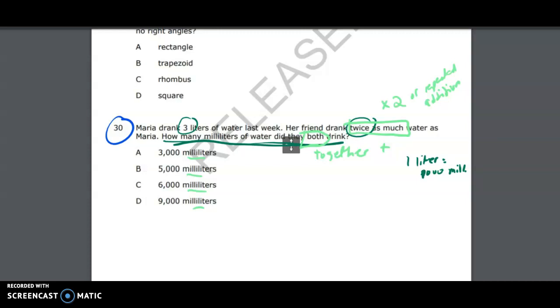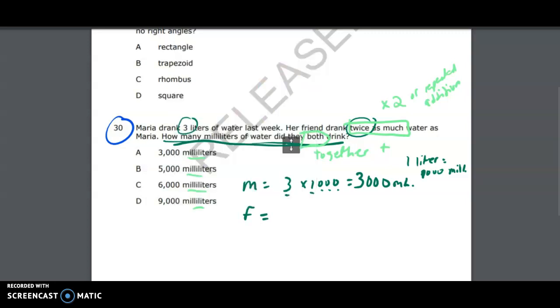So Maria drank 3 liters. And remember, we're getting our answers in milliliters, so you really have to multiply it times 1,000. You only need to multiply the 3 times the 1. You get 3. You add up the zeros. That's 3 zeros, 1, 2, 3. So Maria drank 3,000 milliliters. Now her friend, and we're going to put F for friend.